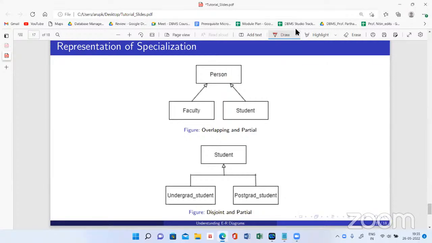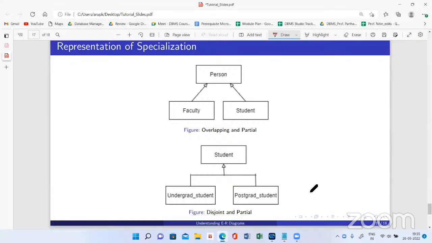I'm taking a top-down approach, so I say this is a specialization. But there is another approach you can take. I can say faculty and student both are persons. This is called a generalization. I'm doing a bottom-up approach. I'm saying student and faculty are commonly called a person. If you go for the second example, if you say specialization, I mean to say a student could be of two kinds, undergraduate or postgraduate.